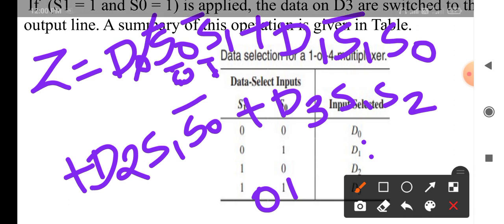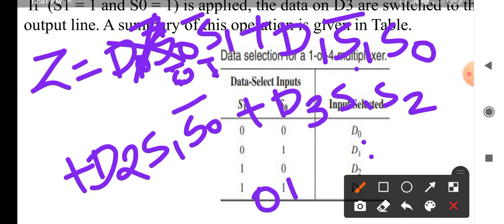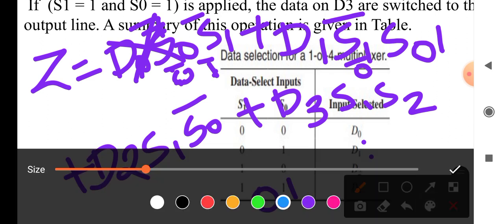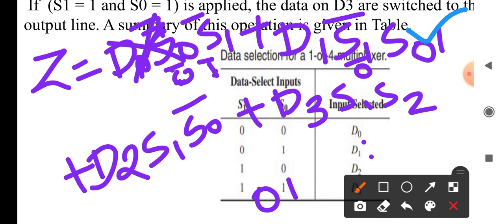So this term cancels out. For the D1 term, S1 complement is 1 and S0 is equal to 1, so D1 will be there.